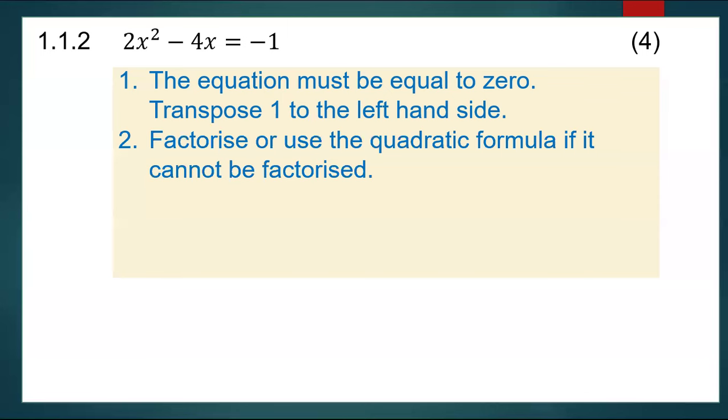And if the equation does not allow you to factorize because this is quadratic, how do I know that it is quadratic? It is because the highest exponent or degree is 2. Now that tells me that I will have 2 x solutions.